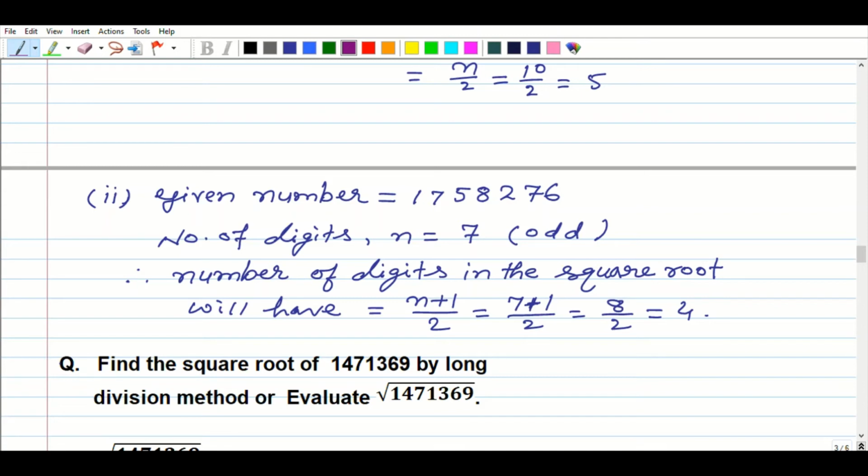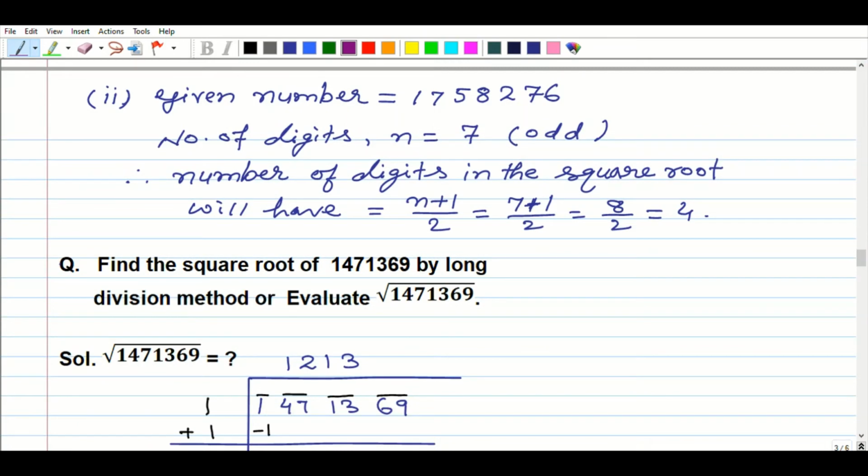So we have the number 14,71,369. First of all, we will write it in the division form, right?